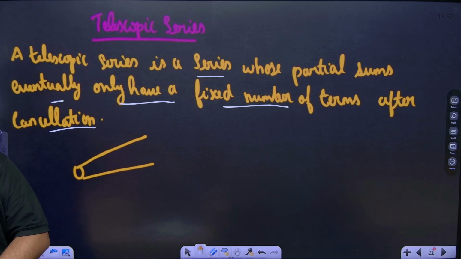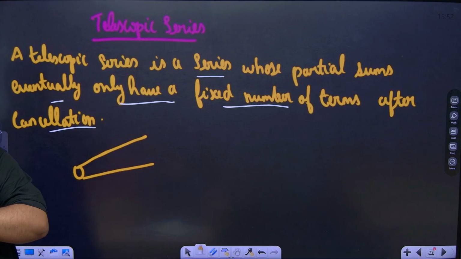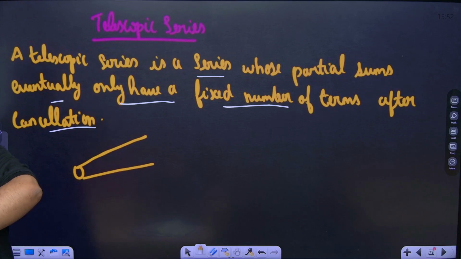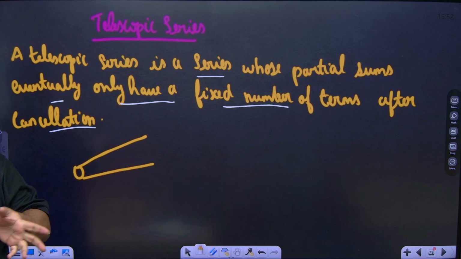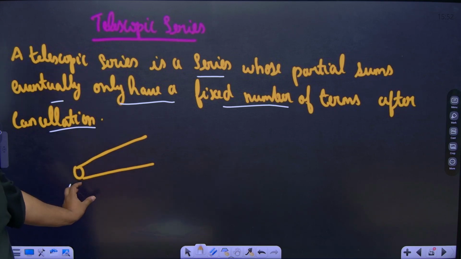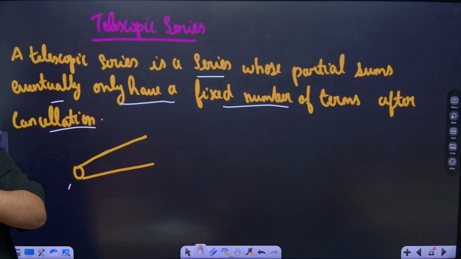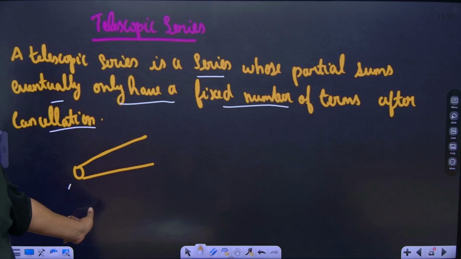It was given like tan inverse of 1 by 3, which we wrote as tan inverse of 3 minus 2 divided by 1 plus 2 into 3, and like that we wrote up to tan inverse of 2021, 2023, all these things. Eventually we got tan inverse of 11 minus tan inverse of 1. In between, all the terms, the partial sums, got cancelled. Such a series is called a telescopic series. Everything gets cancelled and only what we want will be visible. That is why it is called a telescopic series.